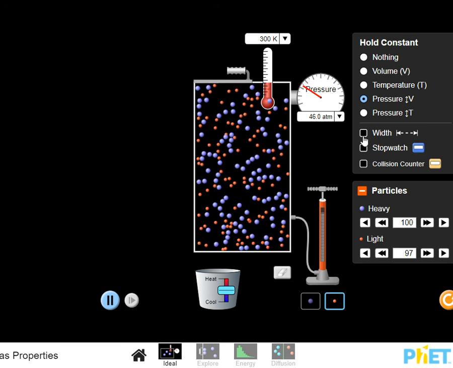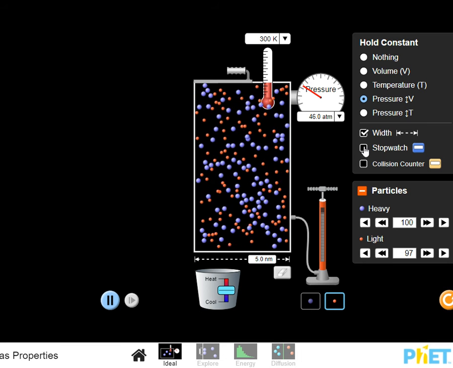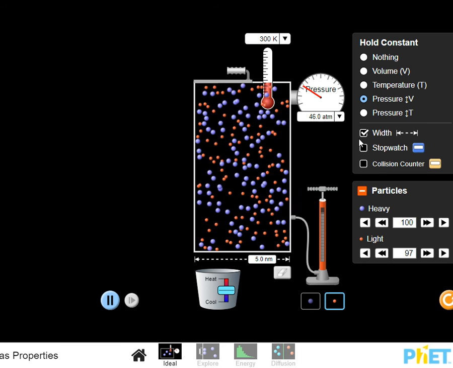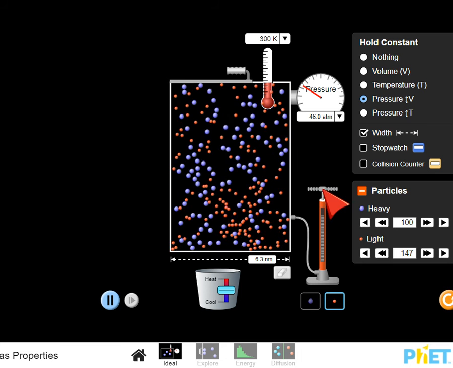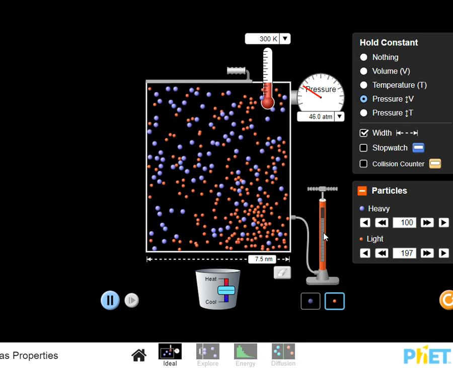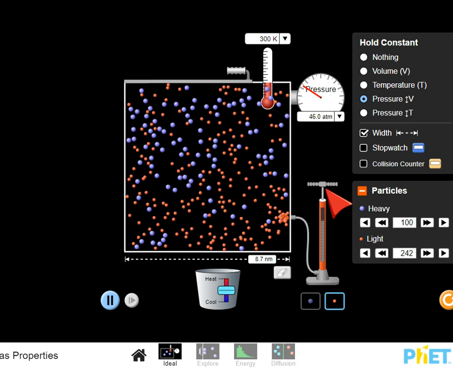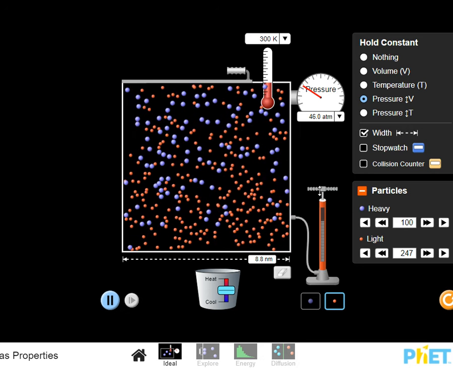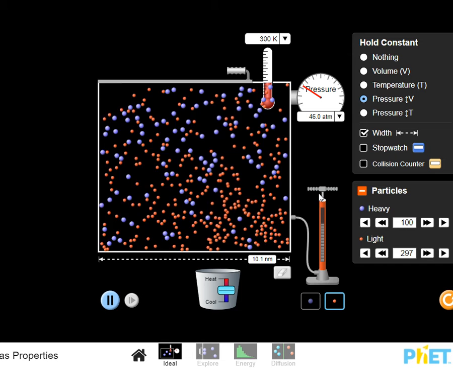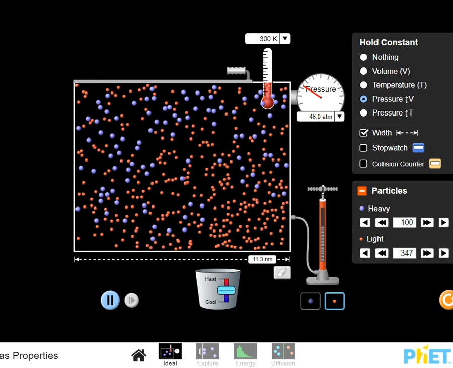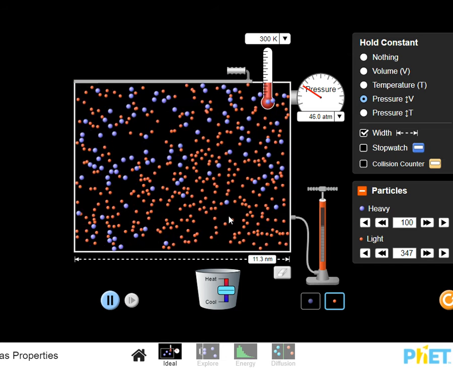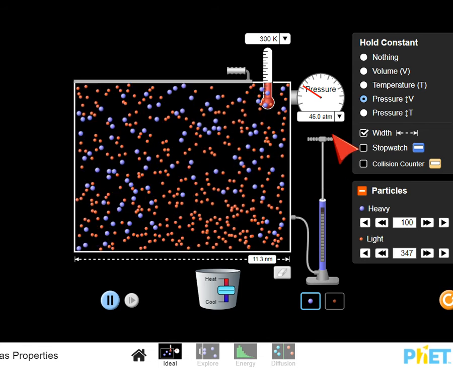And we want to put some parameters on there. Let's look at the width, and we don't need the other 2 really, but here's what happens. As I add in more particles, that volume increases. So that kind of proves what we looked at earlier. The more particles there are, the more space is needed.